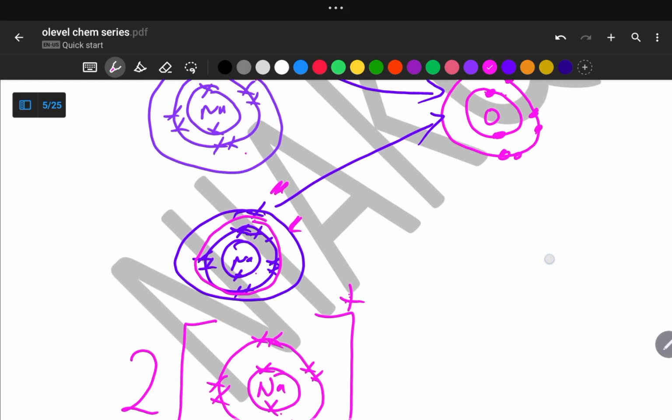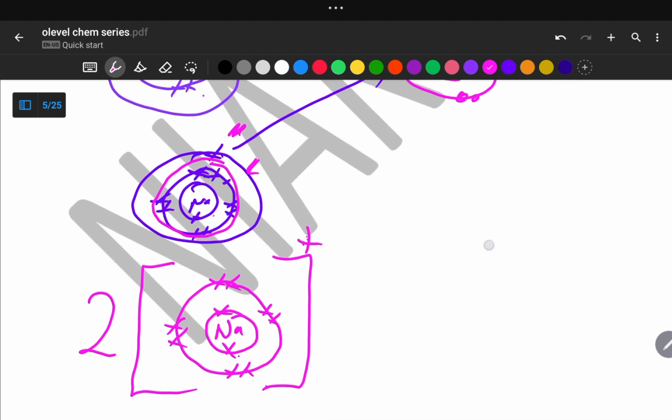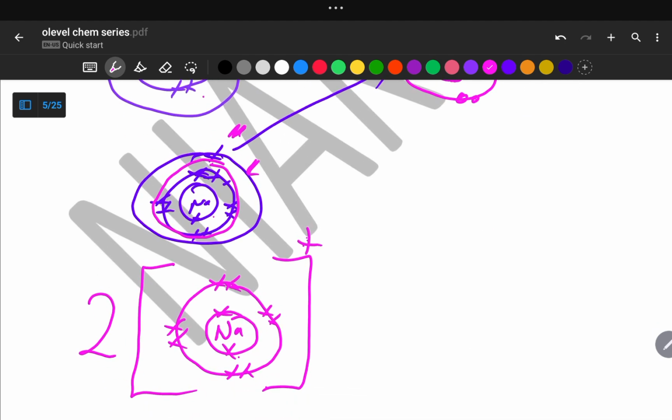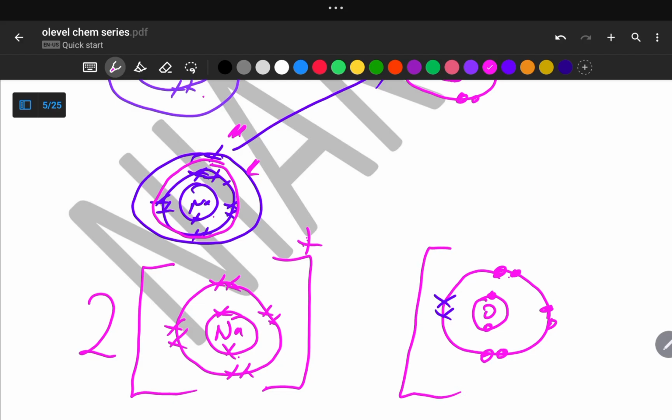And then we draw another one for oxygen, the oxide ion, right? So oxygen is O, right? And then we include the dots, and then we highlight the electrons from the sodium atoms using the crosses, right? And then we put the square diagram.